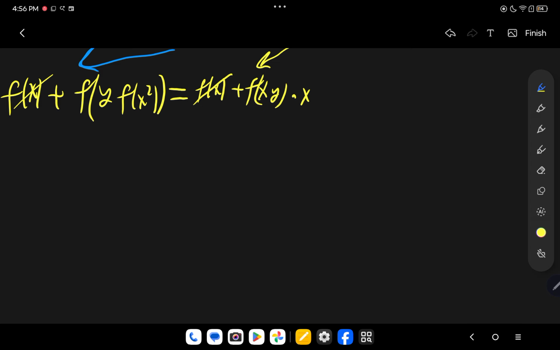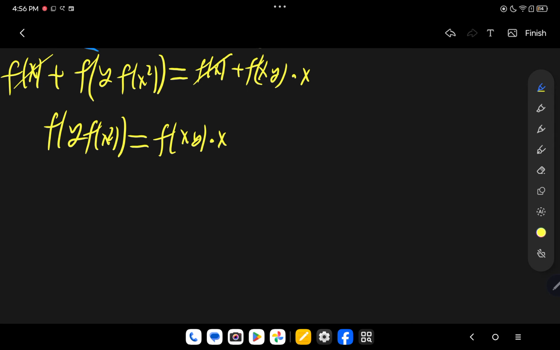So these two are equal, so we get f(y) f(x) squared is equal to f(xy) times x. And this is what we use to prove f(x) equal to x.